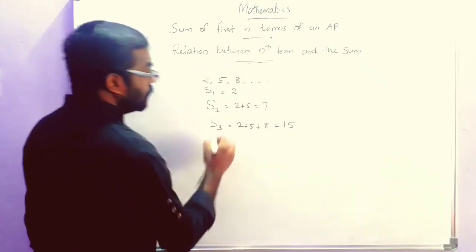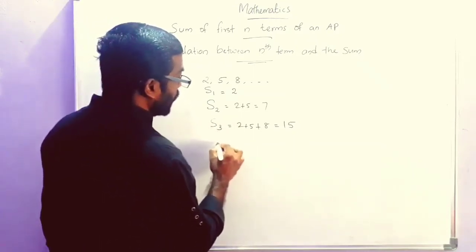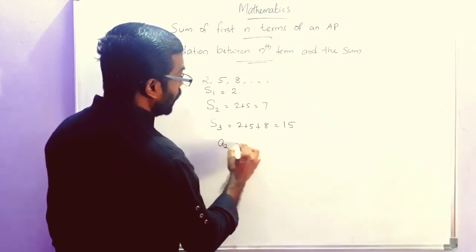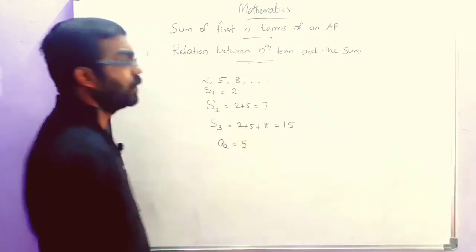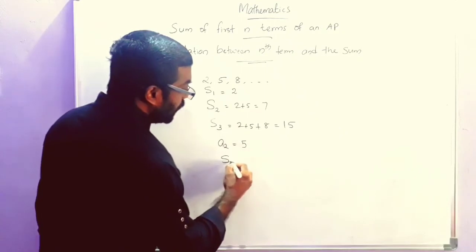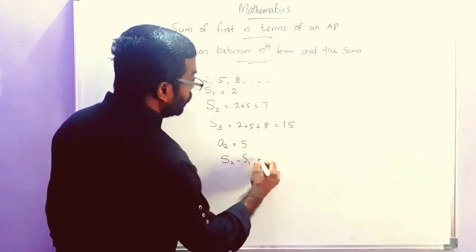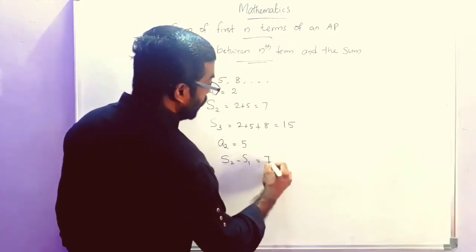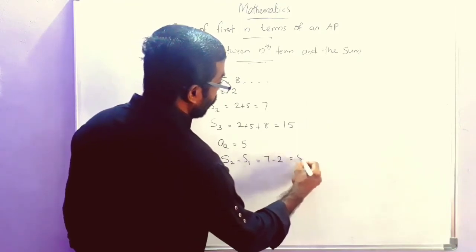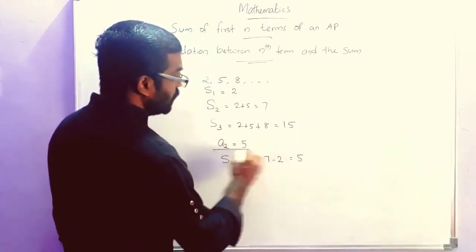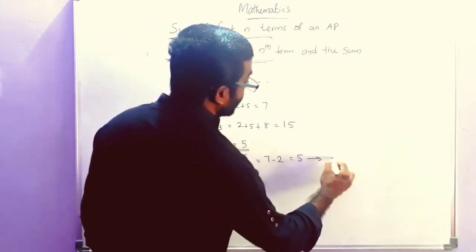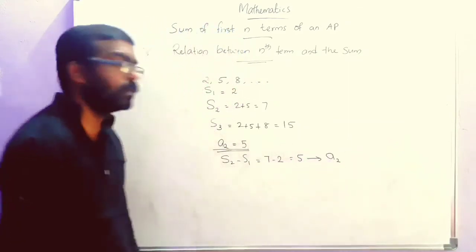So if we consider the second term, that is A2, here A2 is 5. If we take the difference between S2 and S1, that is S2 minus S1, it is equal to 7 minus 2, which is equal to 5, and that 5 is the value of the second term, that is A2.